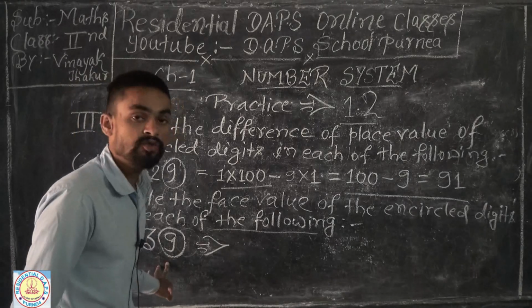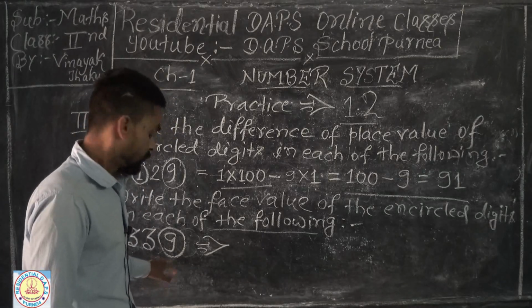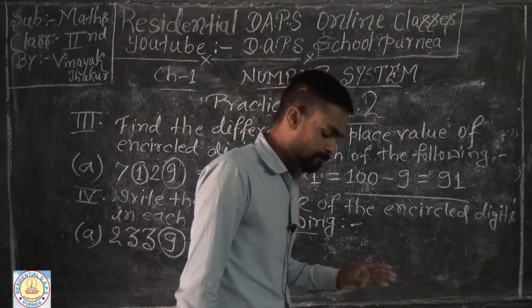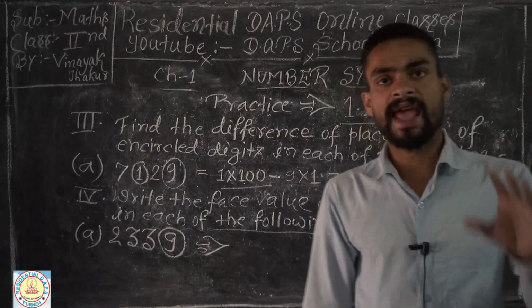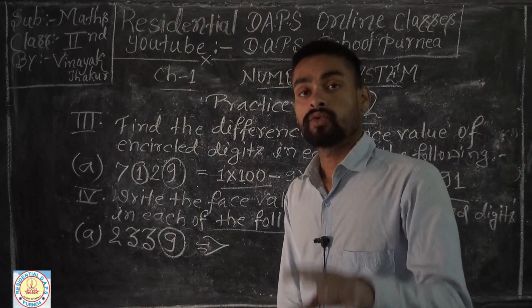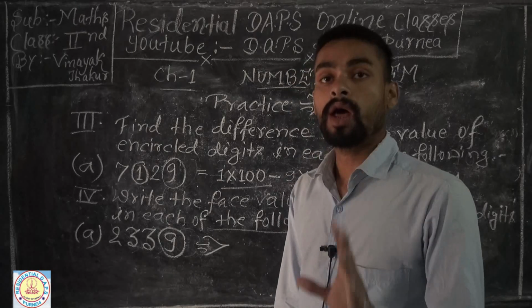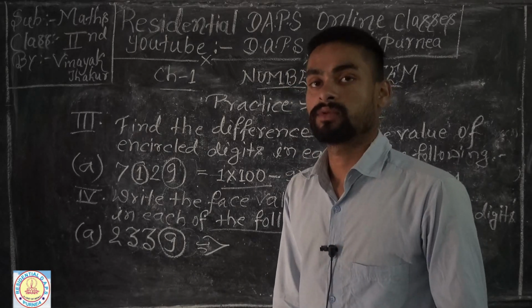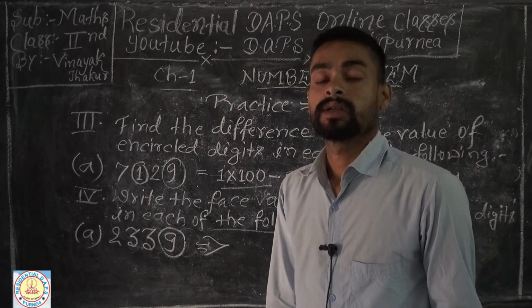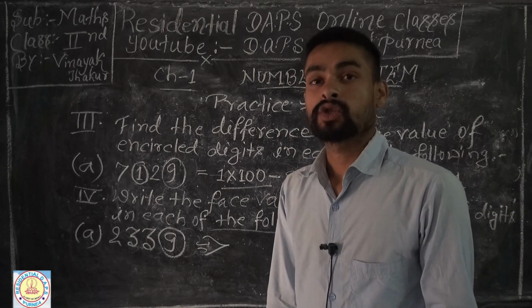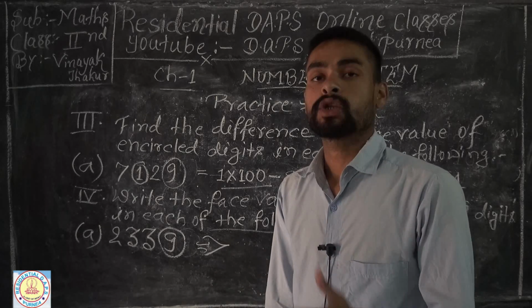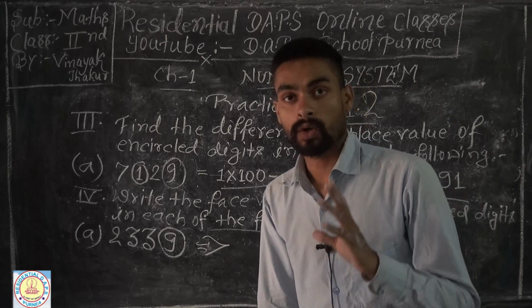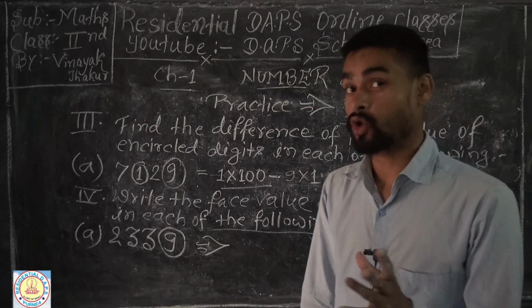I told you before that if we find out the face value of any digit, we always get the digit itself. It does not matter which digit, on which position, or how much space it occupies.